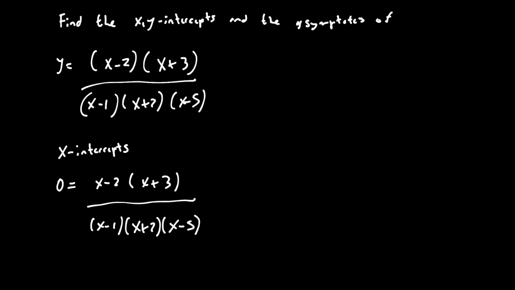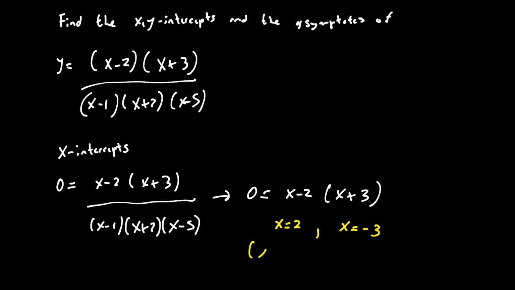Multiplying both sides by the denominator, this becomes 0 is equal to (x minus 2) times (x plus 3). And this tells us we'll have an x-intercept when x is equal to 2 and another one when x is equal to negative 3. Writing this as points on our graph, we'll have (2, 0) and (negative 3, 0).